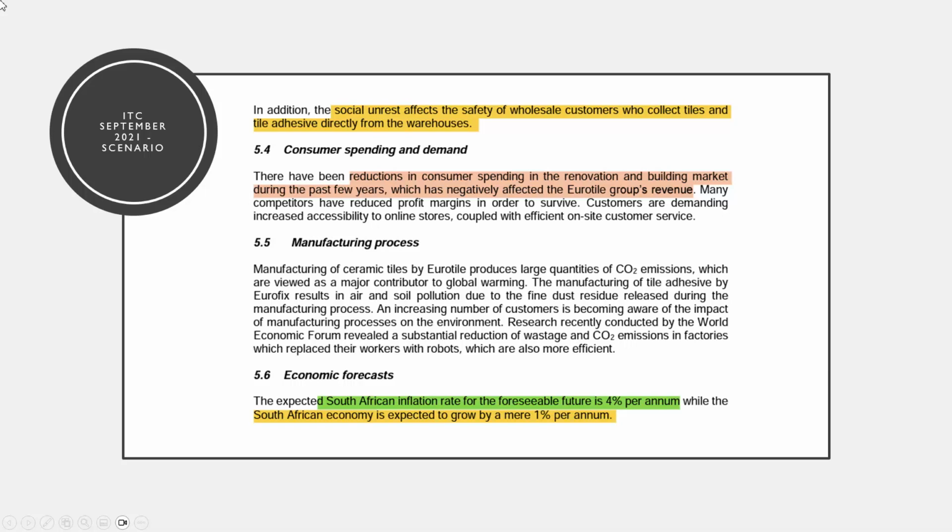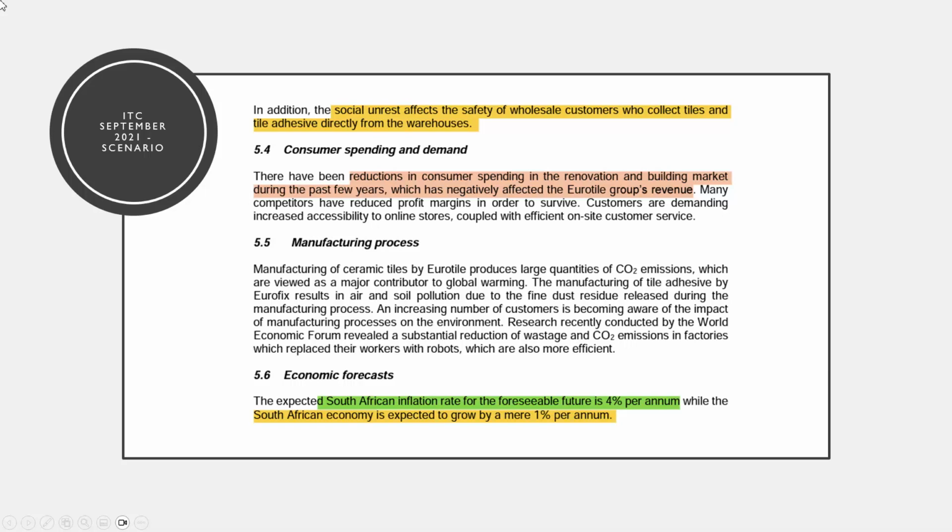Obviously, that would affect our fair value because it affects the safety of the wholesale customers who collect tiles and tile adhesive directly from the warehouses. So a willing, knowledgeable, and able market participant would factor this in when determining the fair value of that particular property.